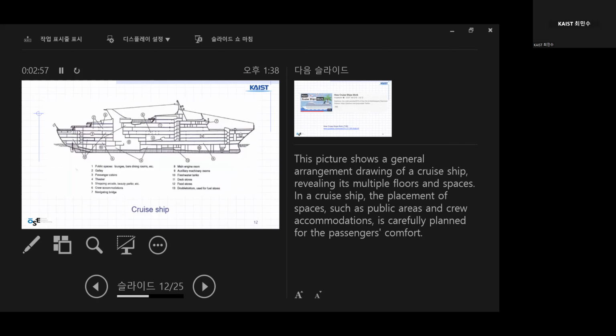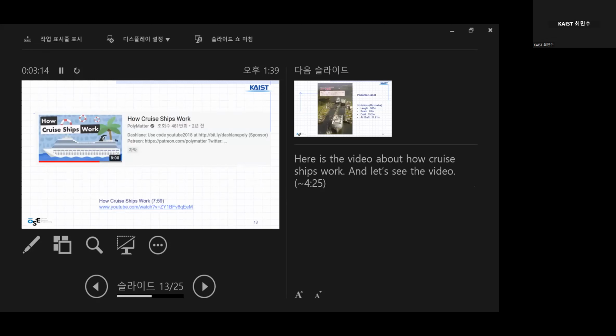This picture shows a general arrangement drawing of a cruise ship, revealing its multiple floors and spaces. In a cruise ship, the placement of space such as public areas and crew accommodations is carefully planned for passengers' comfort. Here's the video about how cruise ships work, and let's see the video.